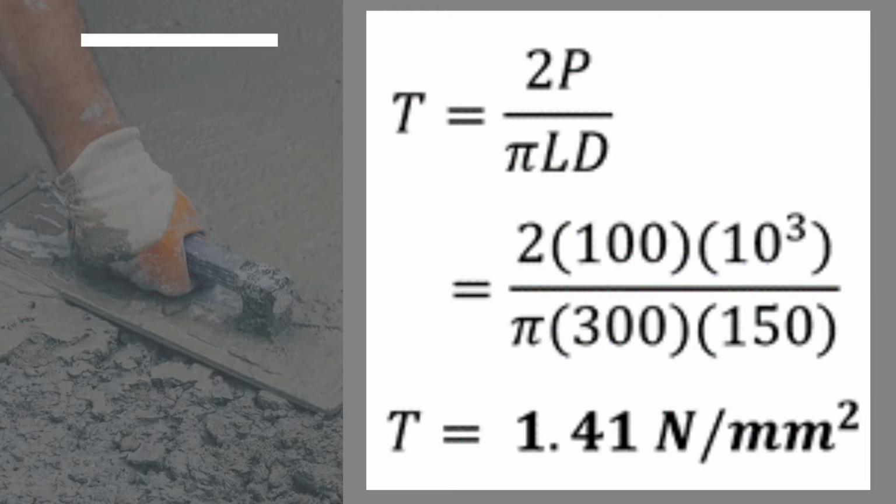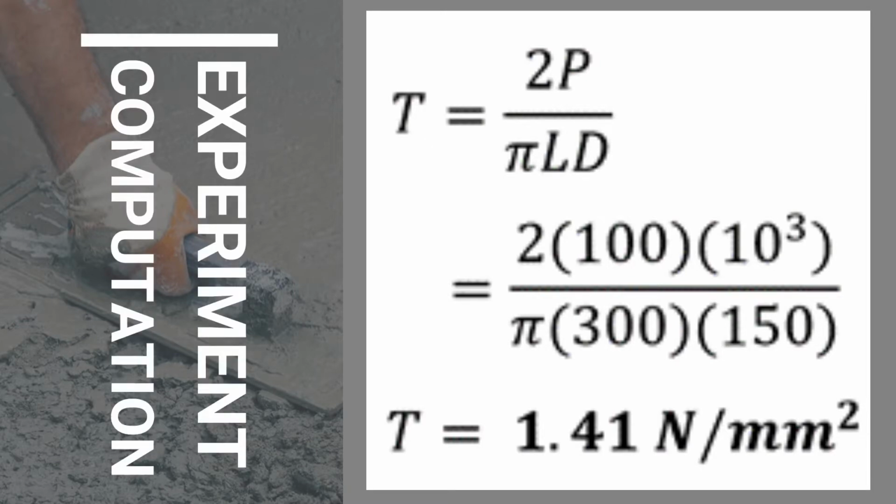Solving, the splitting tensile strength is equal to 2 times 100 times 10 raised to 3, since 100 kilonewton is converted to newton, all over pi times 300 times 150. The answer is 1.41 newton per millimeter squared.